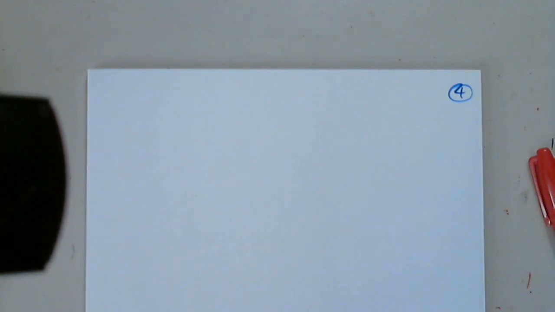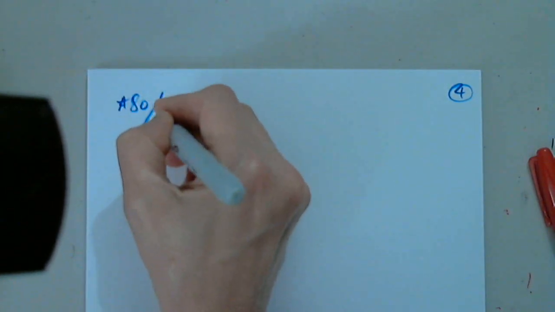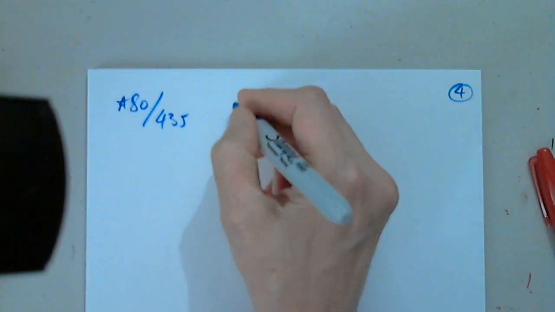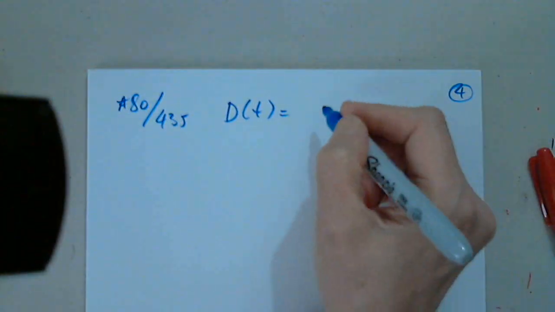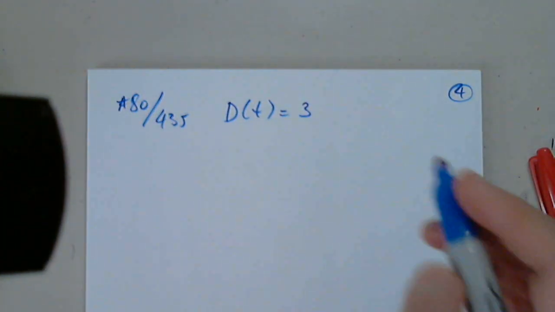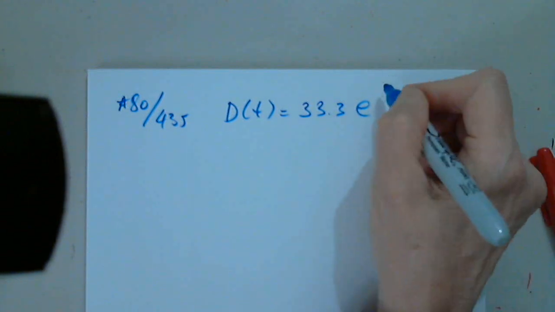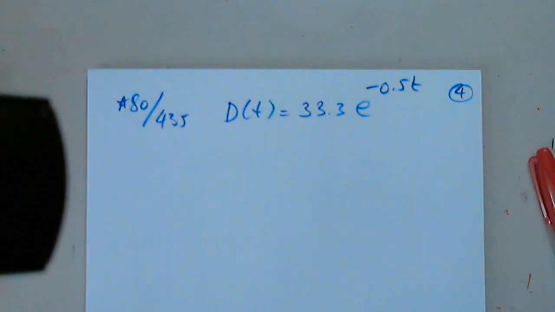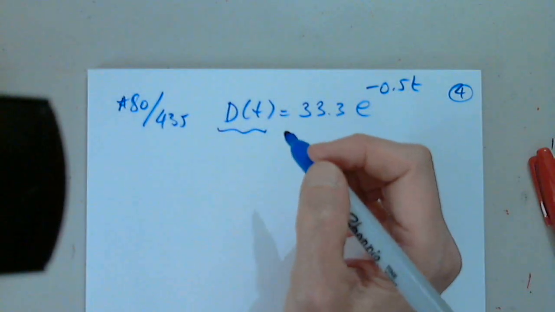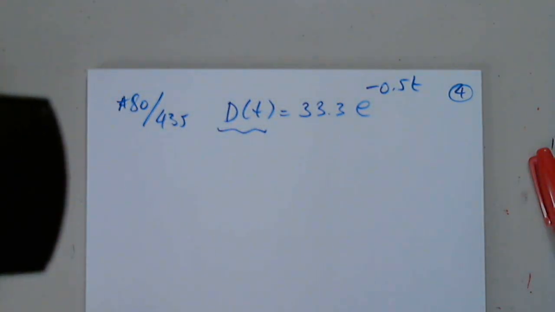Good. So we have the divorce rate in Texas is approximated by, so this is 80 and this page is 435. We have D of T equals 33.3 e to negative 0.5t. Number of divorces, so you know that I need the measurement unit. Several of you keep forgetting the measurement unit on homework.